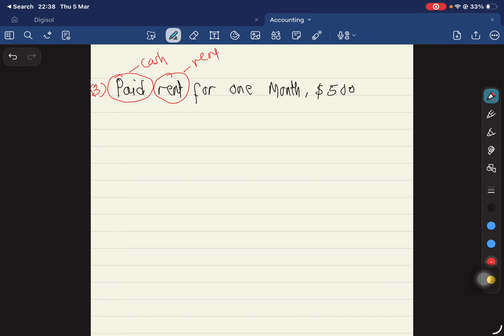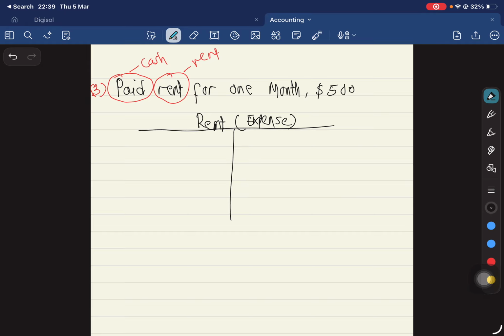So let's first draw the T account for rent. What is rent? The business paid rent. So we can say rent is an expense.